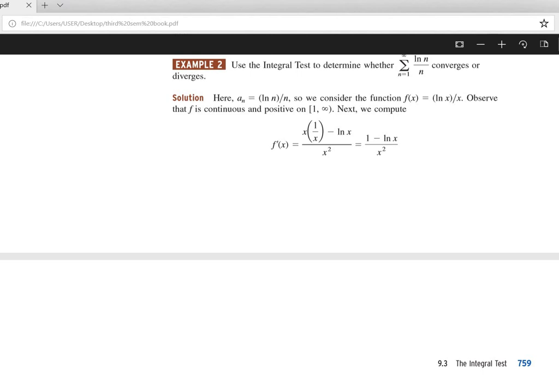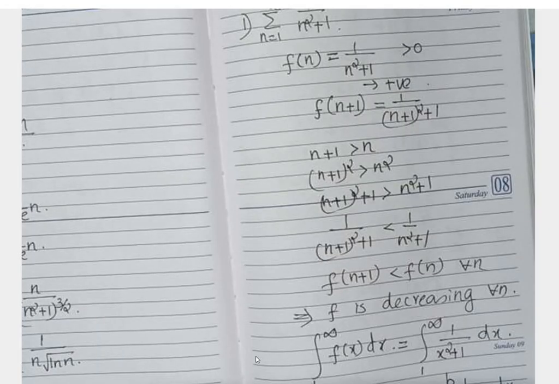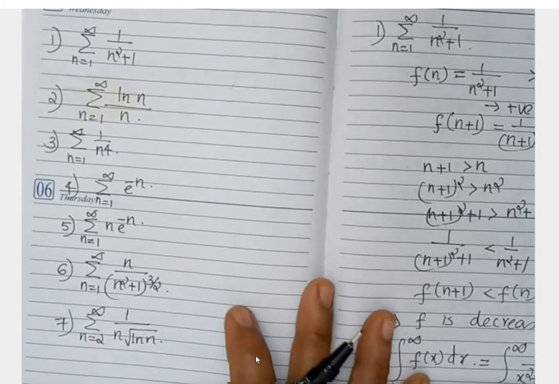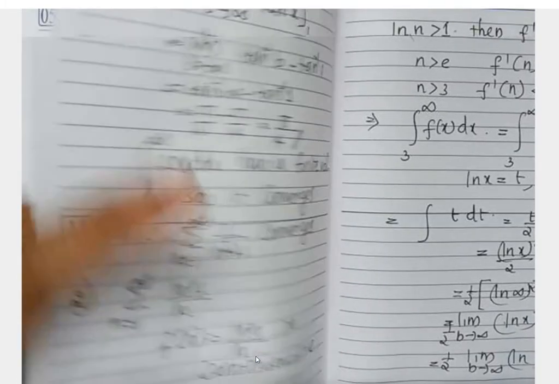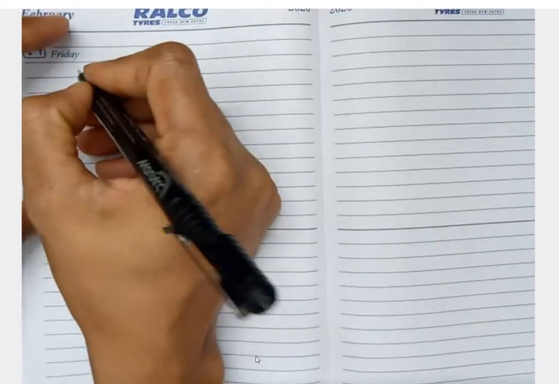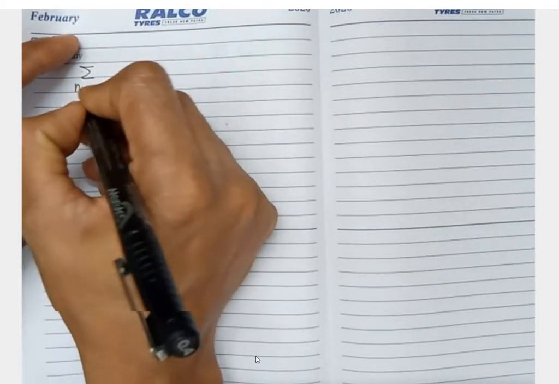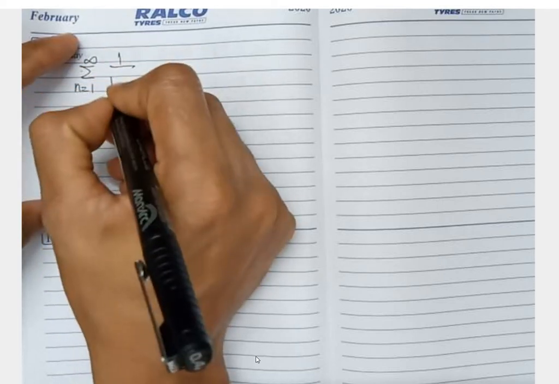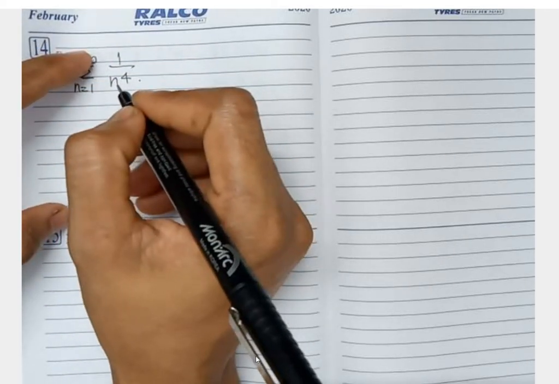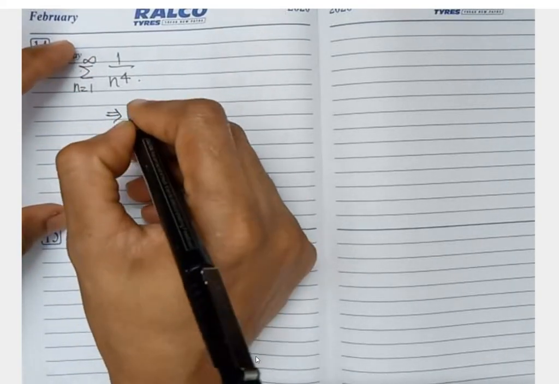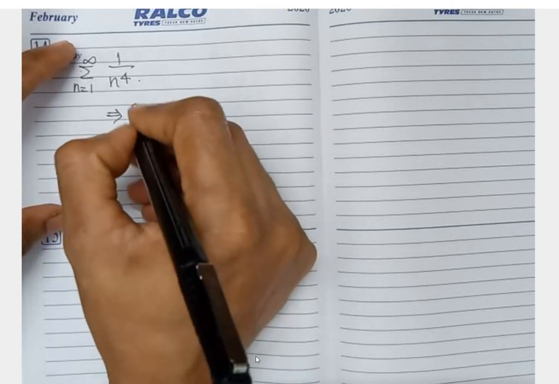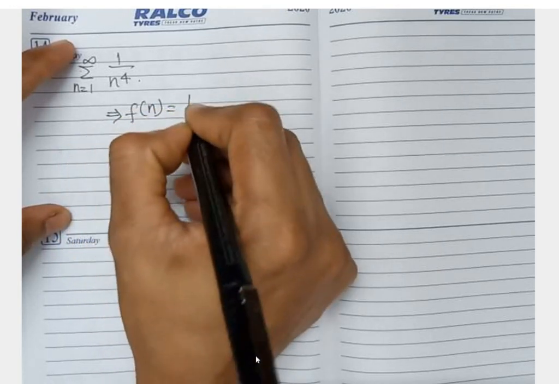This is 1 by n raised to 4. In this question, the series is sigma n equal to 1 to infinity of 1 divided by n raised to 4, which implies f(n) is equal to 1 by n raised to 4.